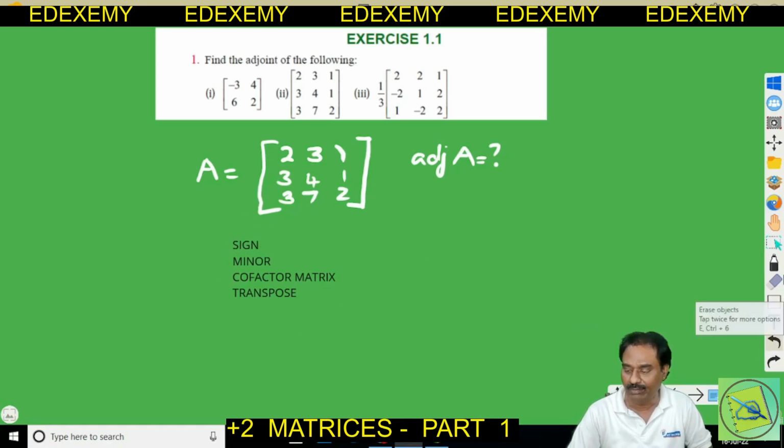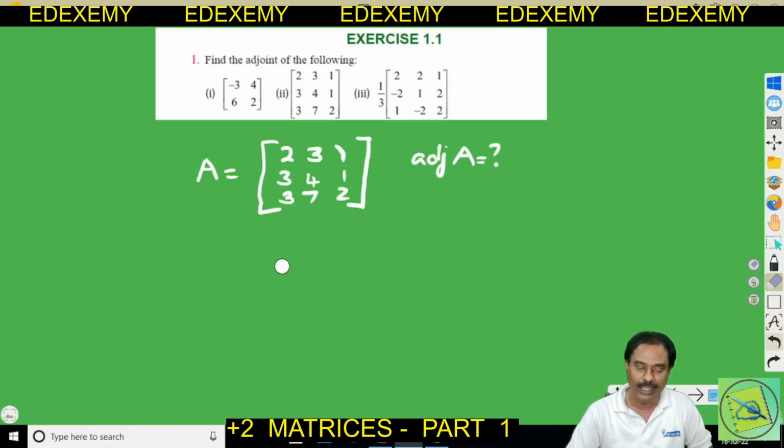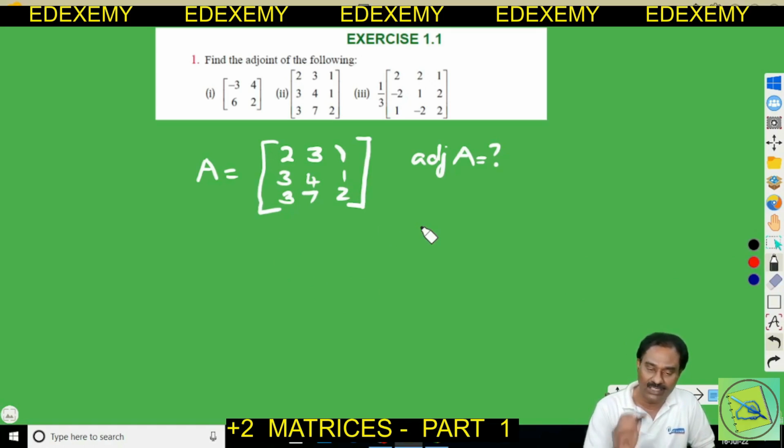Now first, how to assign a positive or negative sign to these elements. This is the first step. Let us take the first number, 2, and find the cofactor of this 2. 2 is in the first row and first column.